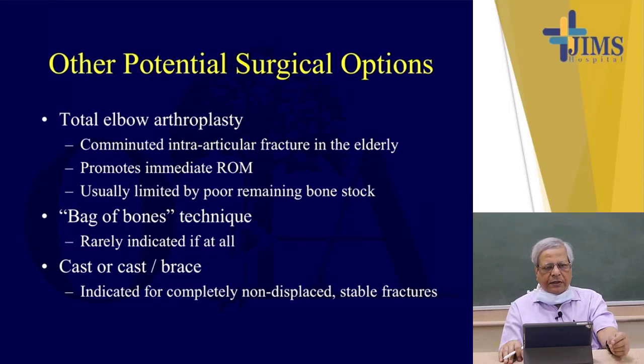The elbow was supported in a collar and cuff sling, and the patient was allowed to move the elbow from the very beginning. They used to get some sort of movement, but of course 100% of them used to be malunited, leading to a lot of loss of movement.